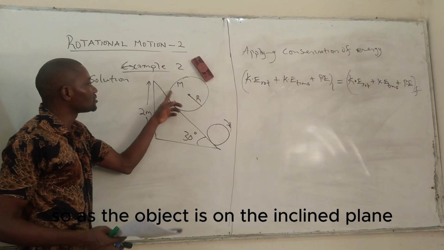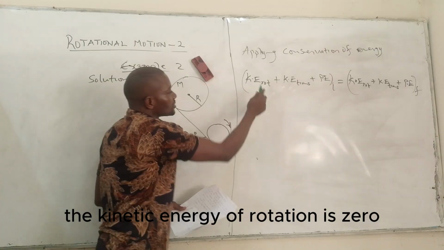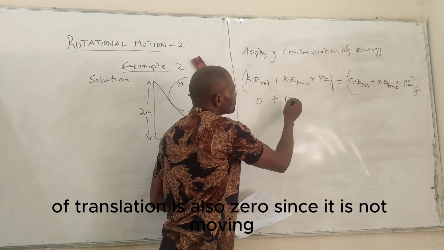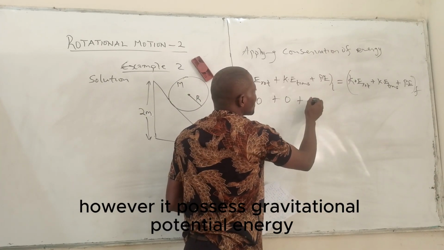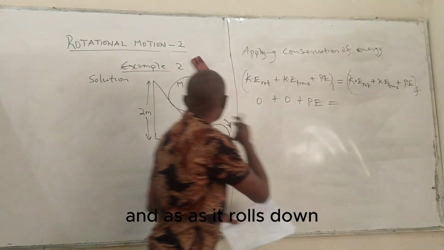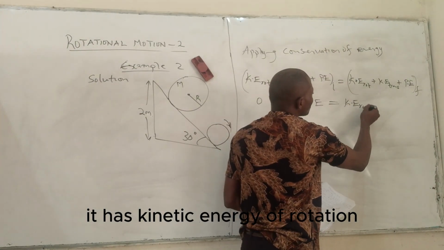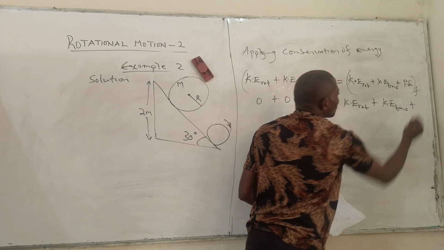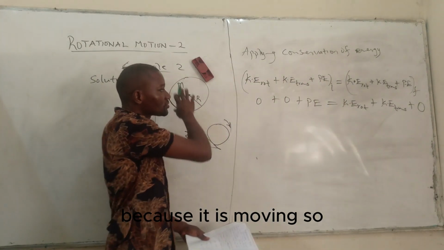So as the object is on the inclined plane, when it is stationary, the kinetic energy of rotation is 0 since it is not moving. The kinetic energy of translation is also 0 since it is not moving. However, it possesses gravitational potential energy. And as it rolls down, it has kinetic energy of rotation plus kinetic energy of translation, while the gravitational potential energy is 0 because it is moving.